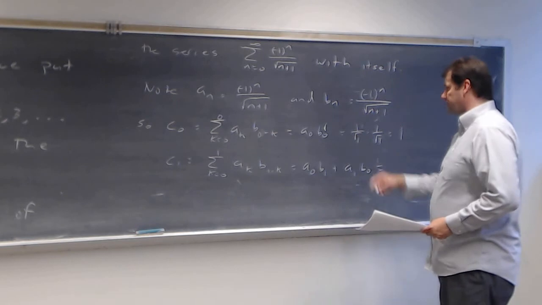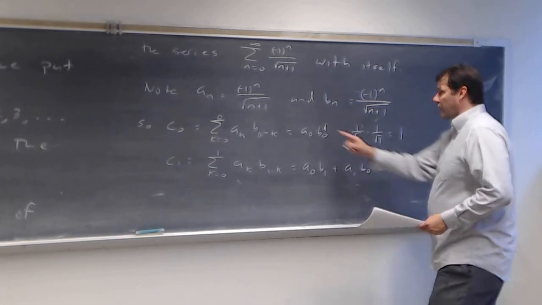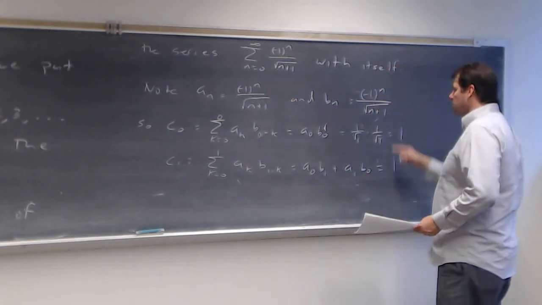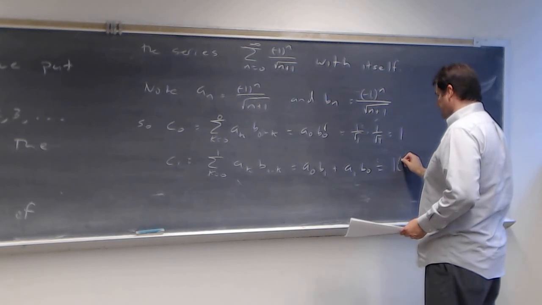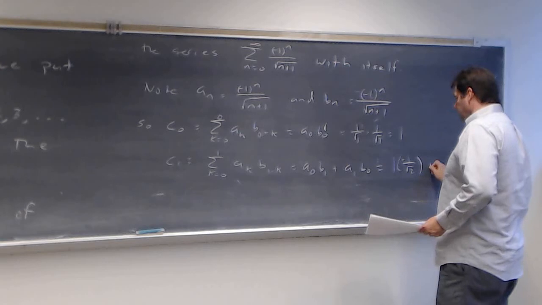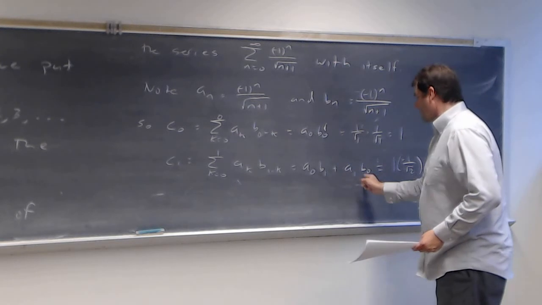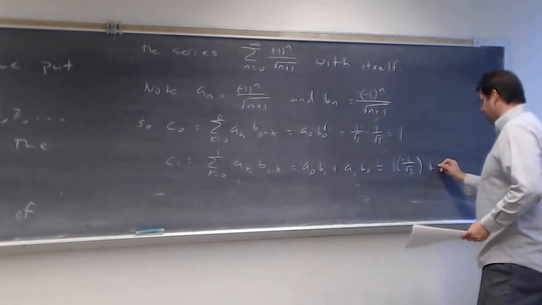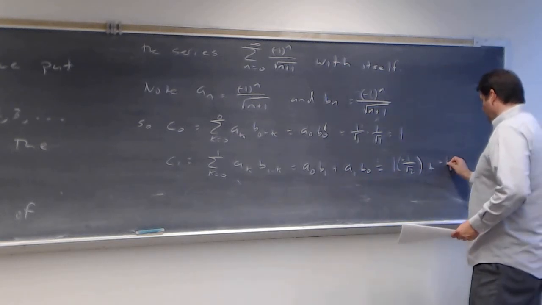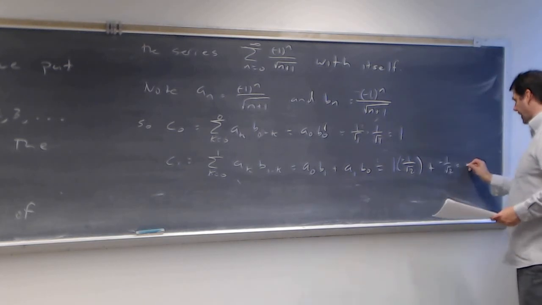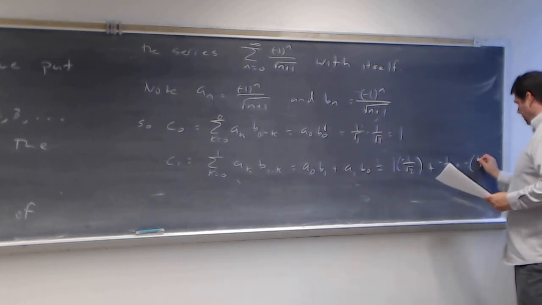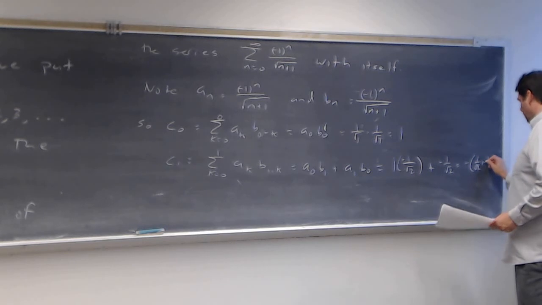Here, a sub 0 is 1, and b sub 1 is going to be minus 1 over the square root of 2, plus, and these items are exactly the same, so I get the same thing, minus 1 over the square root of 2. I'll rewrite that as minus the quantity 1 over the square root of 2 plus 1 over the square root of 2.